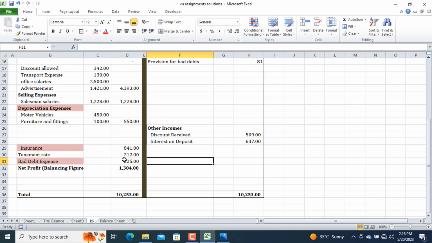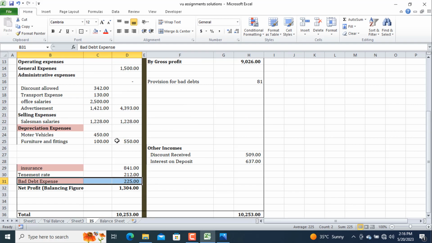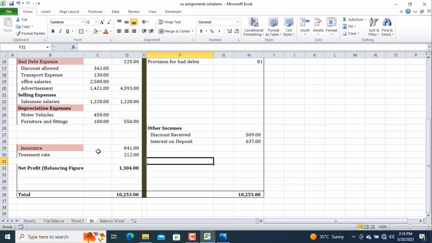Rates expense is related to tax. It should be above. Let me put it here to make it more proper. So we are going to subtract tax, any kind of tax, at the end 2122.